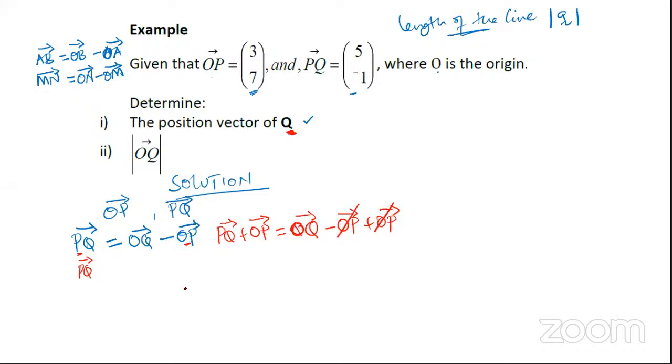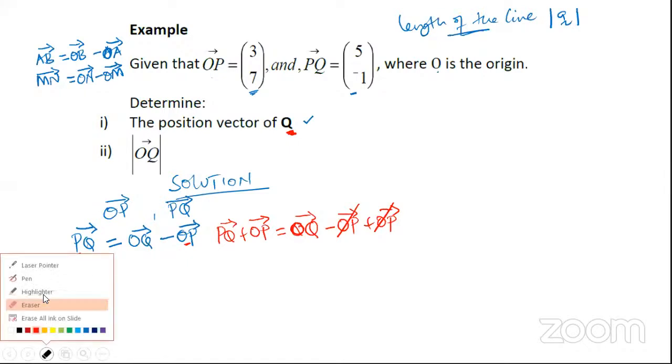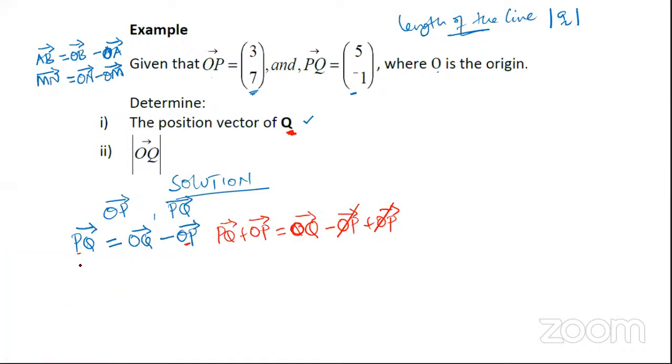Therefore, OQ will be equal to PQ plus OP. This is what we have.